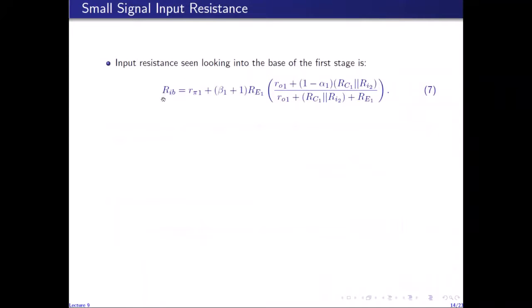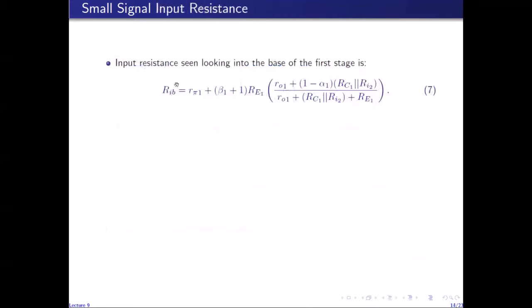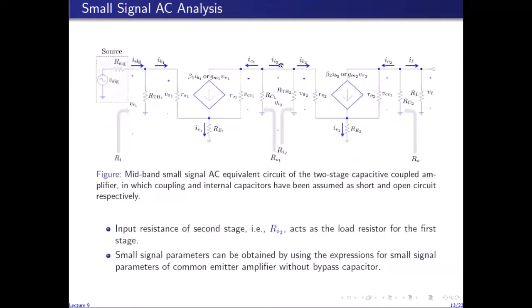So the input resistance seen looking into the base of the first stage, looking into this port, has already been found. It was given by this expression. The only difference is that now instead of RL, we have Ri2. So when finding the input resistance, we can replace the second stage with the input resistance of the second stage.